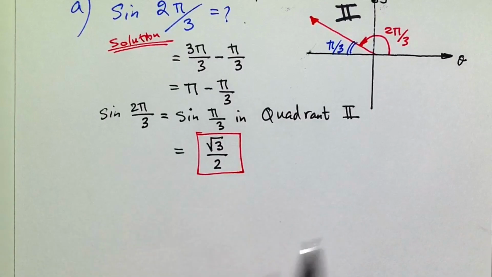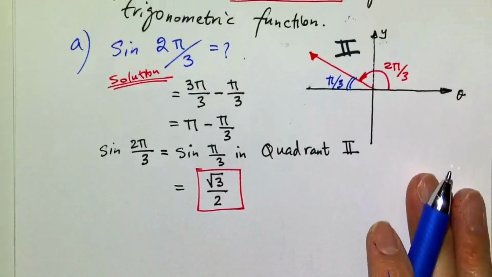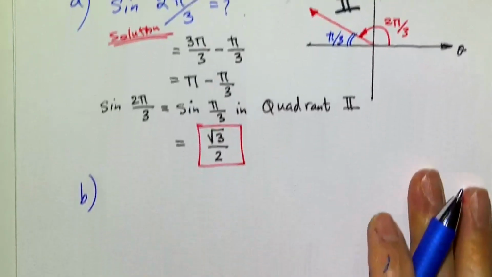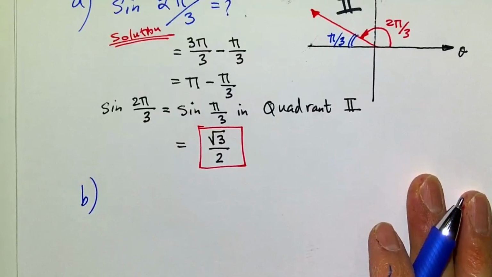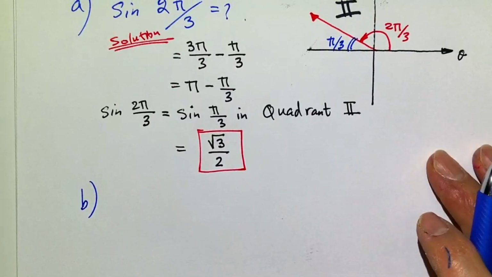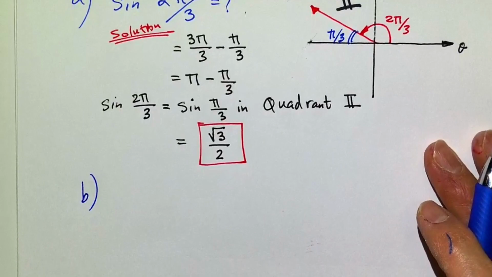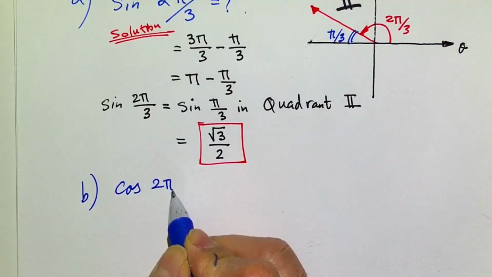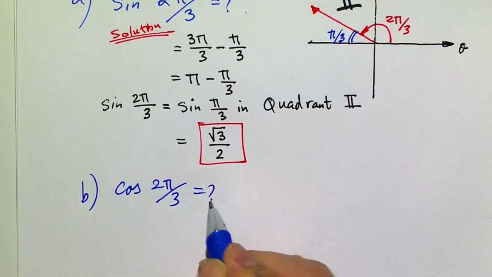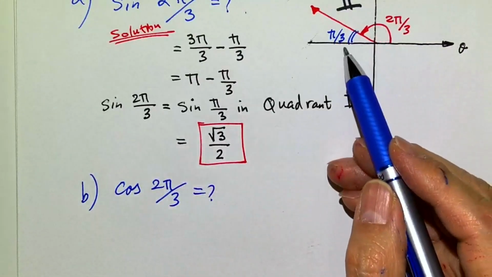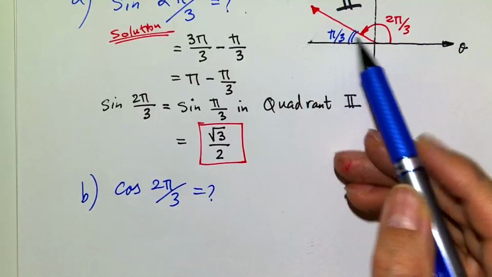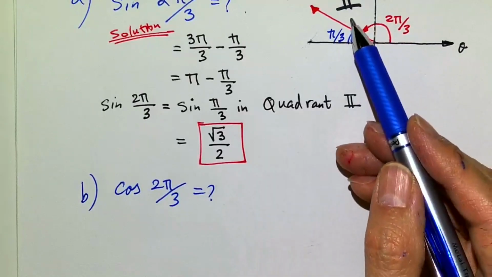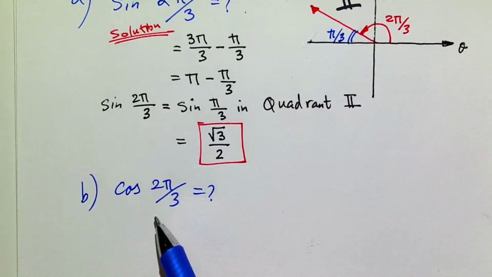Part B is the same angle, so we don't have to draw the graph again. We have it right there. It's 2 pi over 3. Sorry, let me move this up so you can see it. I don't know if I can keep the graph on the screen. I'll try. Okay, like that. So this time we have to calculate cosine of 2 pi over 3. It's the same angle, and the reference number will be the same. It's still pi over 3, and we're going to be in the second quadrant, but instead of sine it will be cosine.